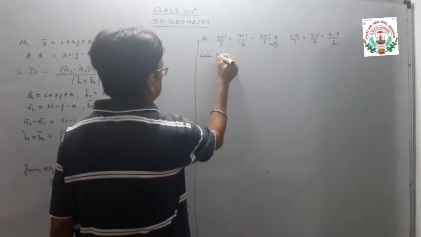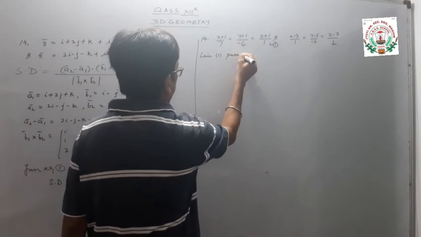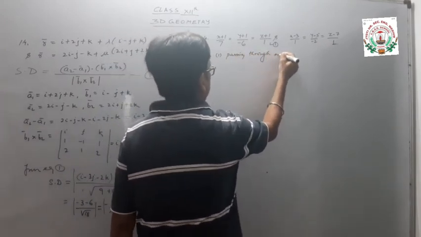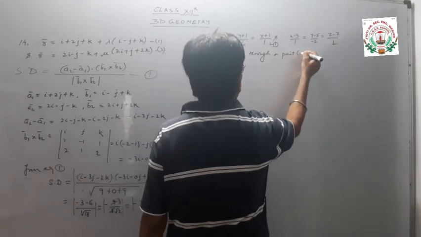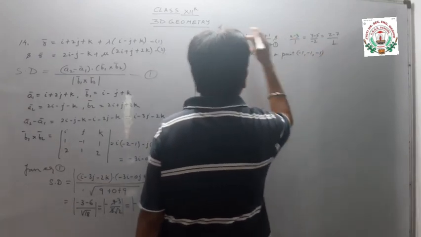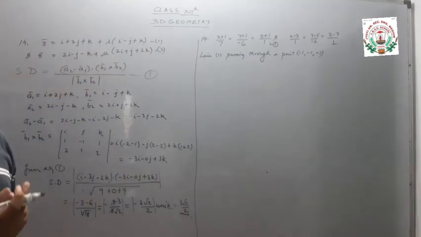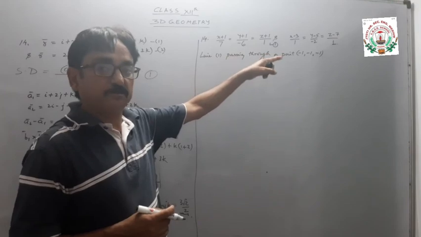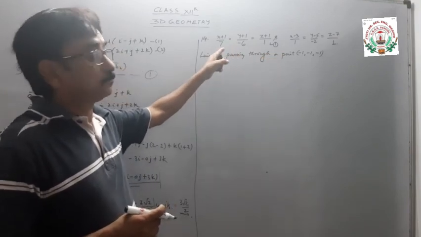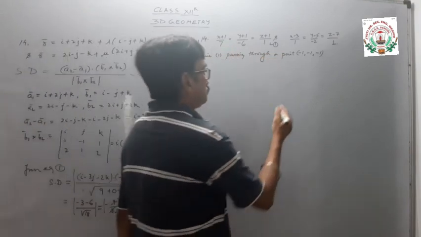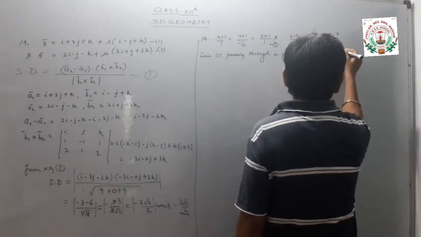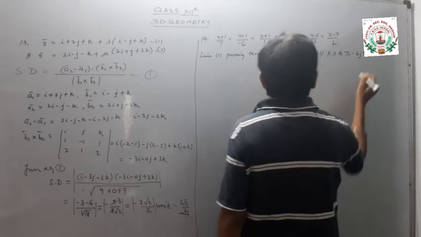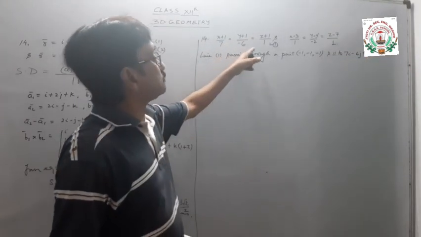Line 1 is passing through the point minus 1, minus 1, minus 1, since the form is x minus x1 upon this, and so on. It is parallel to 7I minus 6j plus k, because the direction ratios are 7, minus 6 and 1.